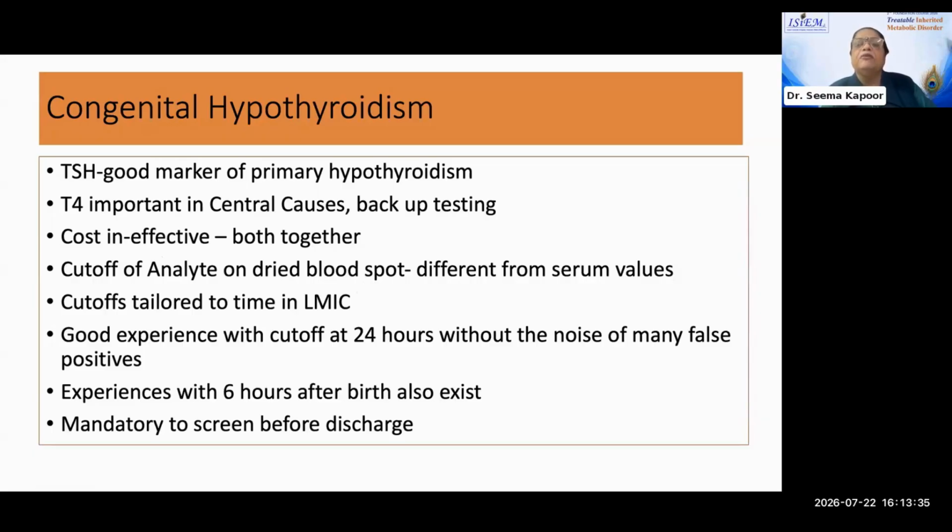Therefore, the recovery from a dried blood spot can vary from 68% to 90% and will never equate to the serum. So the cutoff values I'm going to discuss further on are on dried blood spot. If you want to convert them to serum values, you have to multiply them by 2.2. Correct? I think two important messages: a primary marker, a reflex marker, and the difference between units of dried blood spot and serum.